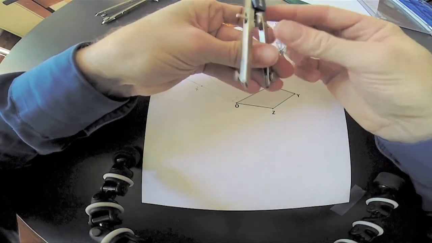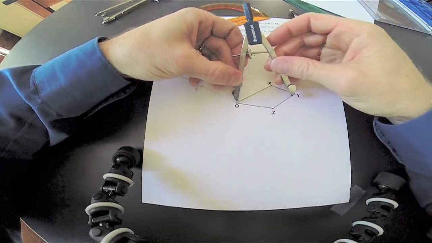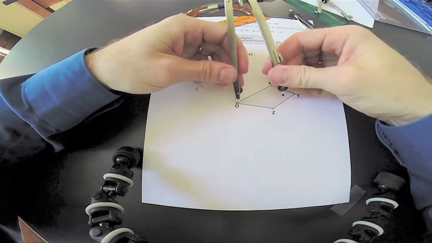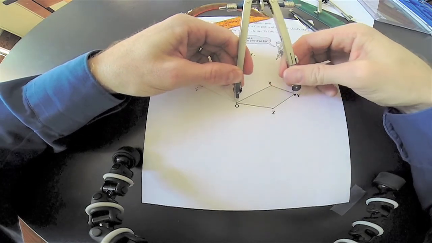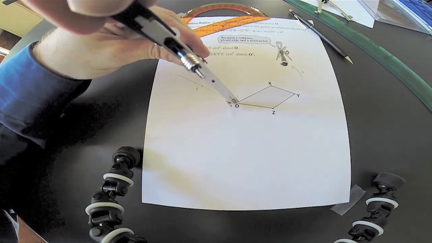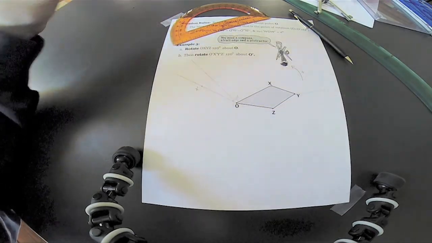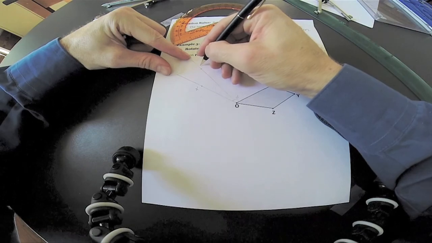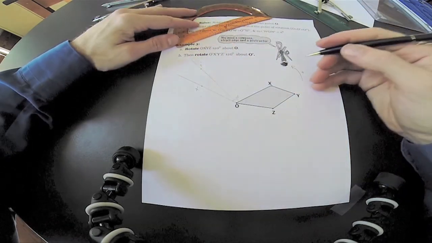And now I'm going to measure OY, this length right here, O to Y. And then I'm going to come over here and put a little arc across my line. It's 120 degrees, and this is Y prime.